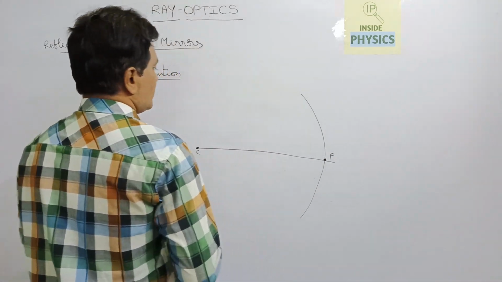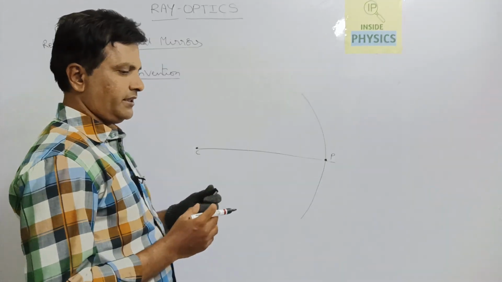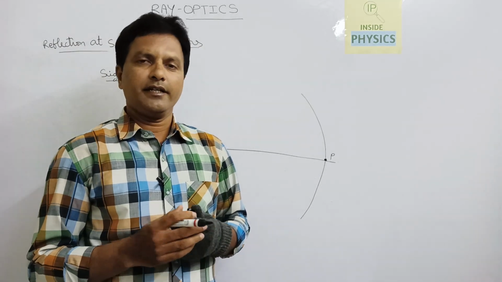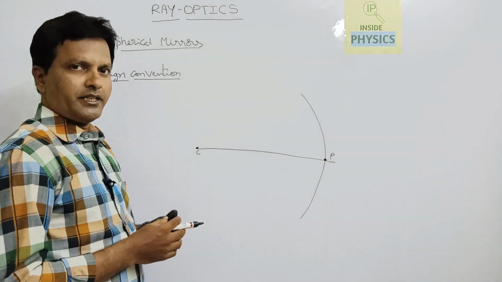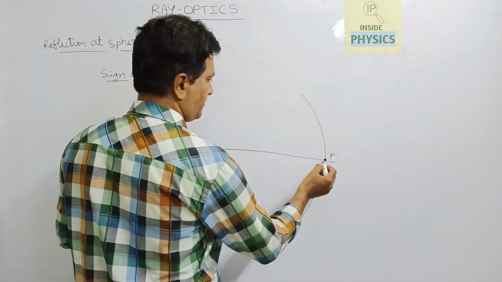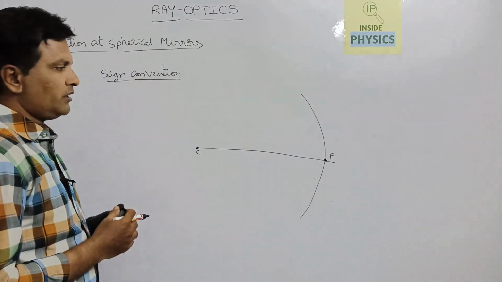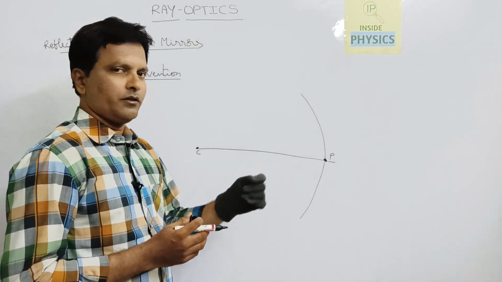If we want to measure any distances like focal length, radius of curvature, object distance and image distance, these distances are measured from the pole.